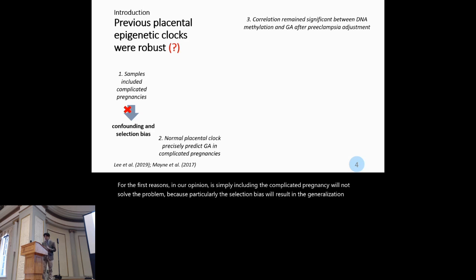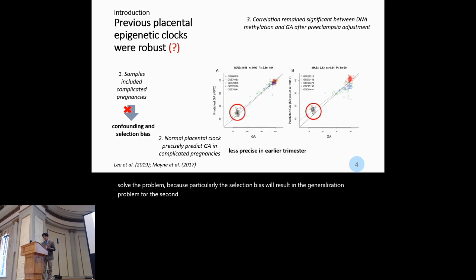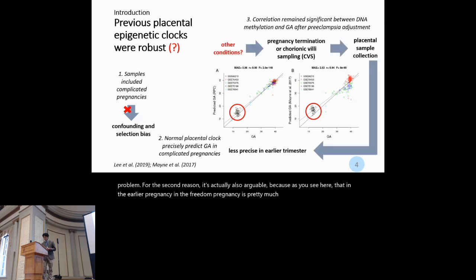For the second reason, it's also arguable because, as you see here, in the earlier, preterm pregnancies, it's pretty much biased. And for the third reason, preeclampsia is not the only condition that leads to pregnancy termination, so we argue that only adjusting for this condition is not enough.